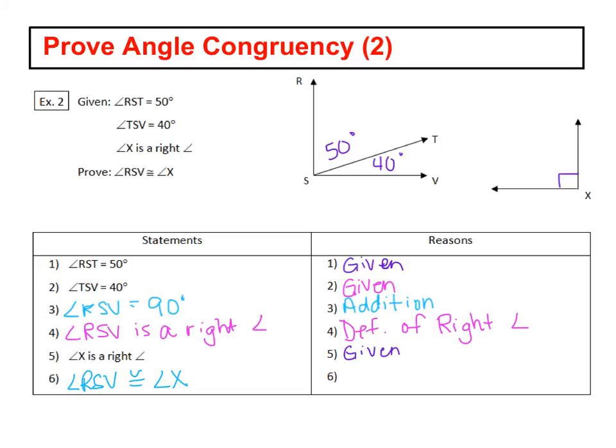That's your right angle theorem. And the right angle theorem states if two angles are right angles, we've got two angles that are right angles, then that means that they are congruent. That's why we were able to say those were congruent right there. So right angle theorem. And then we just proved the two angles congruent.